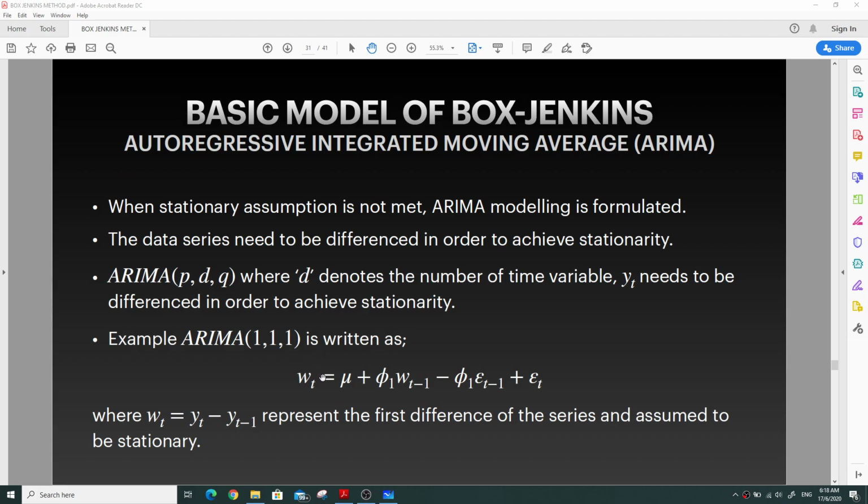Remember, in ARIMA models, this is actually the most popular Box-Jenkins method, because like I mentioned before, most econometric series are not stationary, so we need to transform the non-stationary series to stationary first before we apply this Box-Jenkins method. That's why ARIMA is the most common model used in past literature.